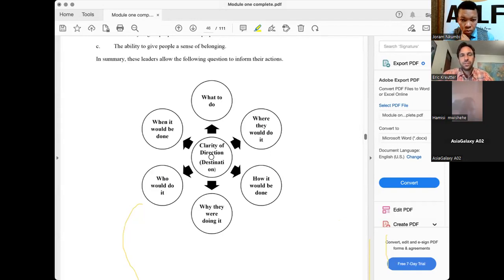So I'm sure all of you are familiar with those 6 words, but these words put it a bit into action. Who, what, where, when, why, how. And we've heard those words in English classes, but put them into your leadership journey, right?